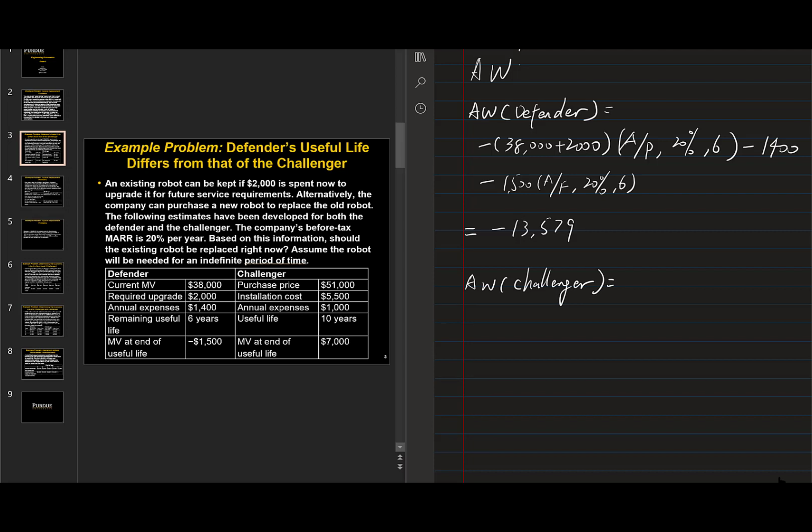At year 0, the capital investment for the Challenger will be the purchase price plus installation cost. So we put that together and convert it to the annuity. So that would be the minus 51,000 plus 5,500. And we calculate the annuity given the present value, for 20%, and it's 10 years.